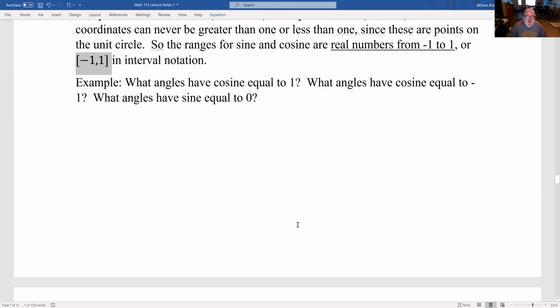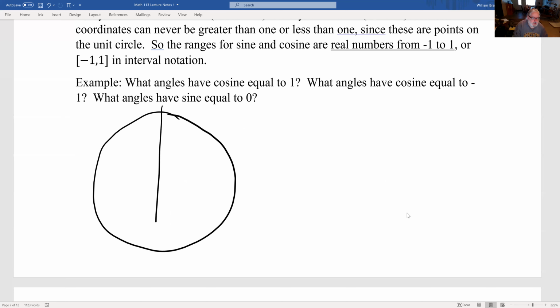So what angles have cosine equal to 1? We'll draw a unit circle. Cosine t equals 1 means you have to be at this point, because that's the only possible place that you can have the point on the circle where your x coordinate is 1. Right?